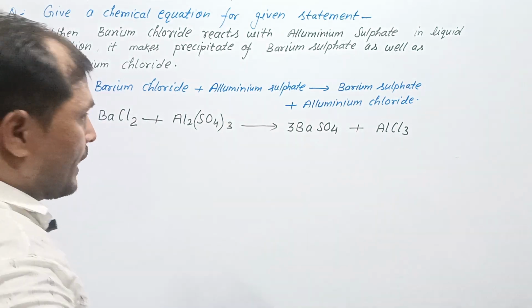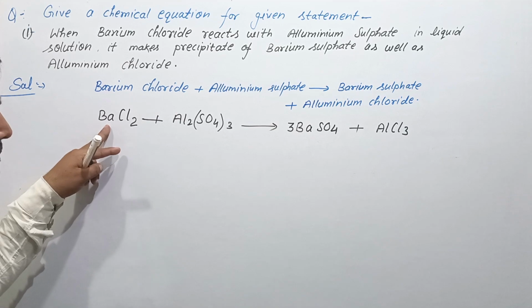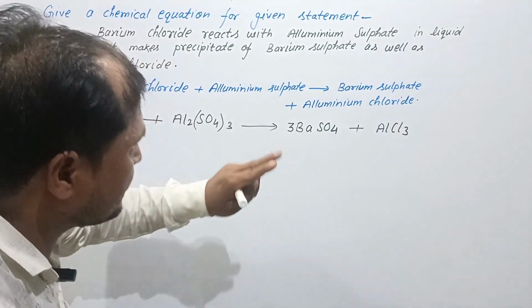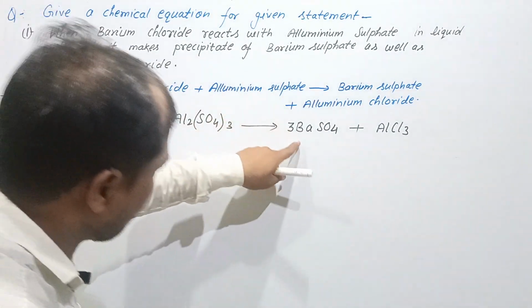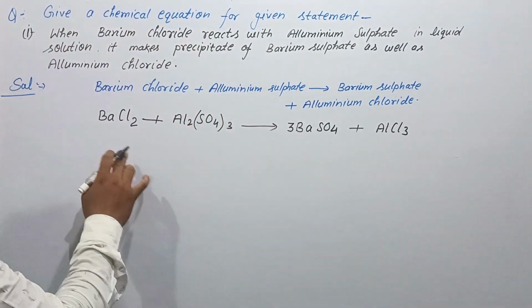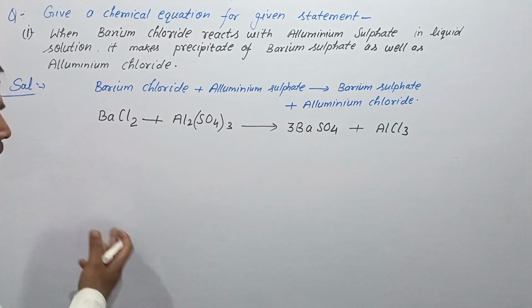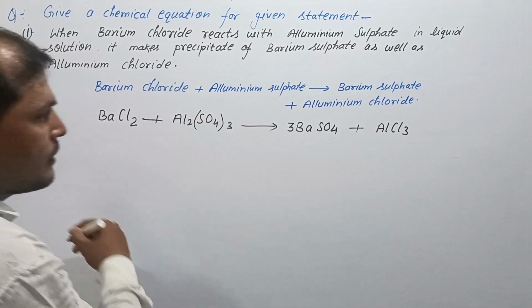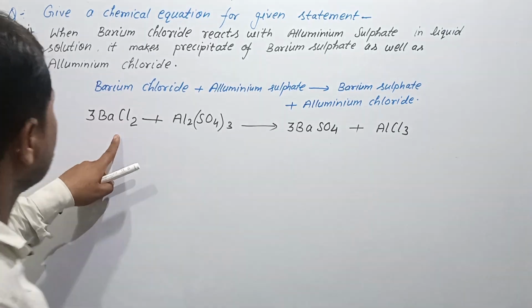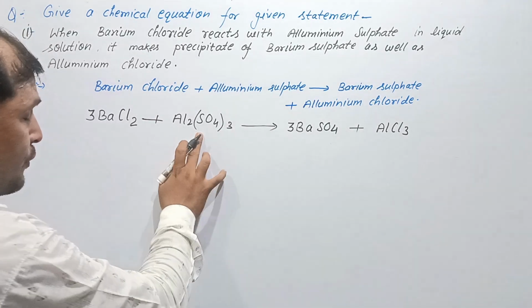Let us attempt to balance Ba, barium. On the product side, the number of Ba is 3, and on the reactant side there is only one Ba. Hence we multiply barium chloride on the reactant side by 3. Now let us count: 3Ba, 3SO4.